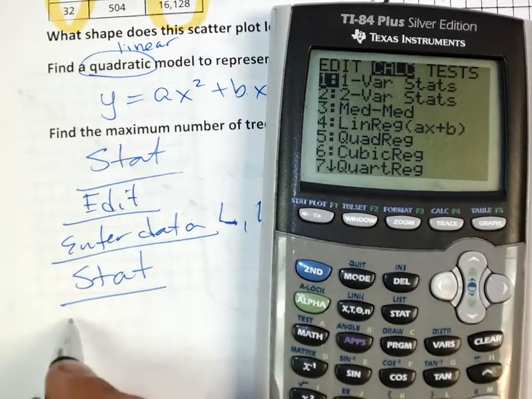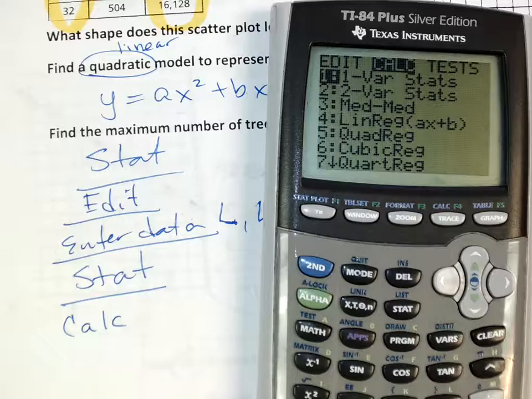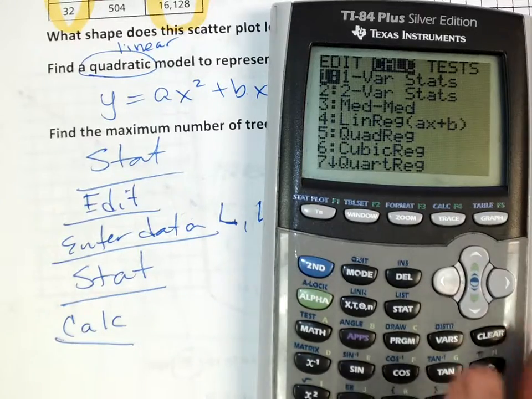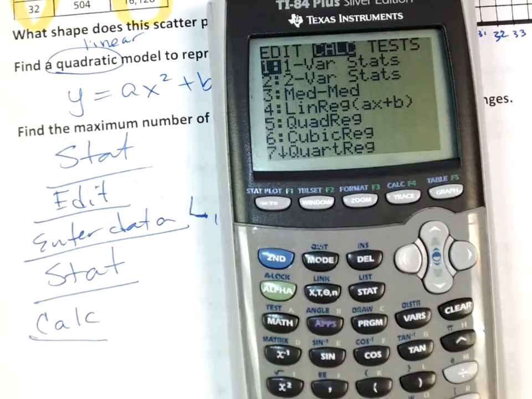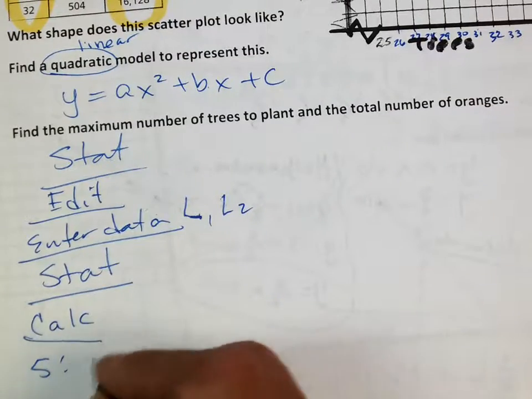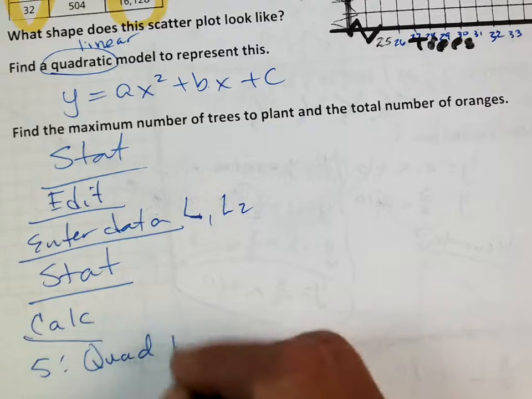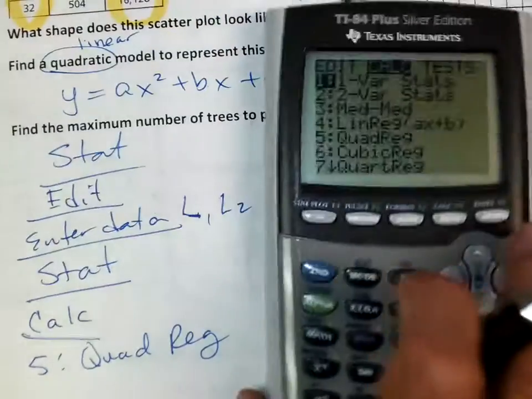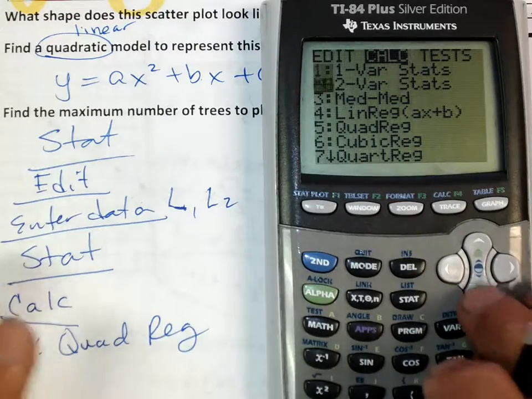So we're going to go to calc for calculate, okay? And now we've got several choices, but which one do we want to use? We're looking for quadratic. So let's use number 5, which is the quad reg. You guys remember how to do this?